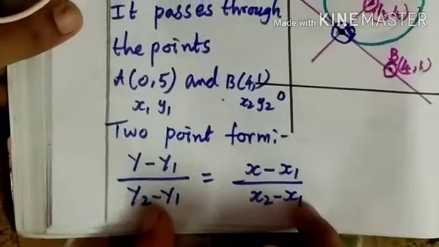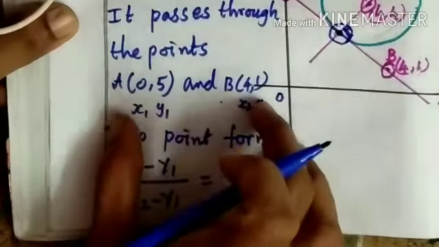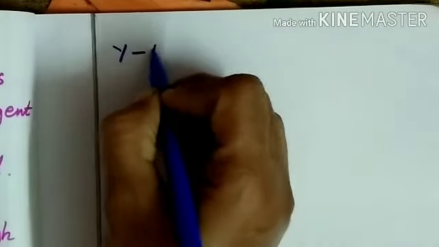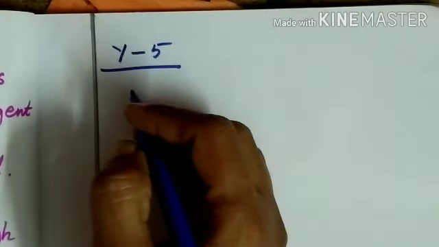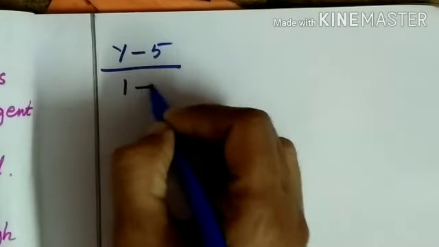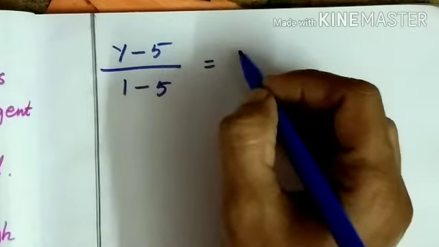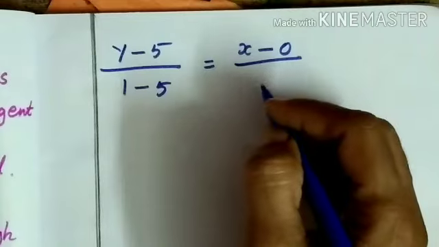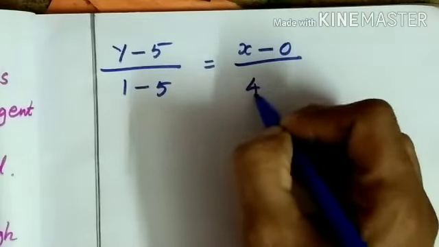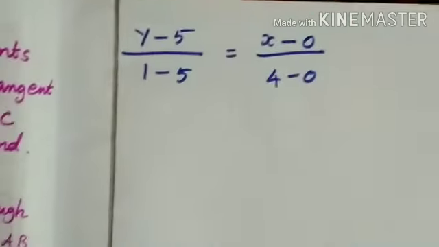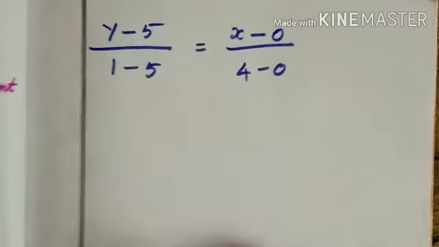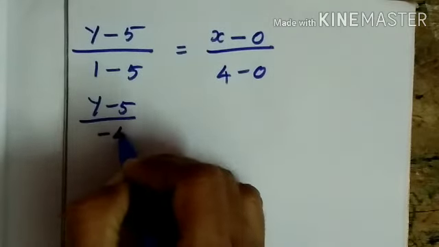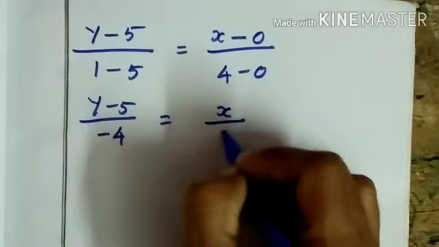Now apply these points in this formula, we get (y minus 5) by (1 minus 5) is equal to (x minus 0) by (4 minus 0). Now you simplify this, we get (y minus 5) by minus 4 is equal to x by 4.